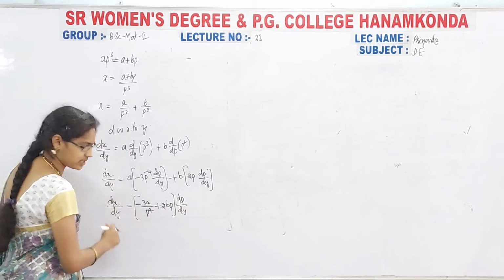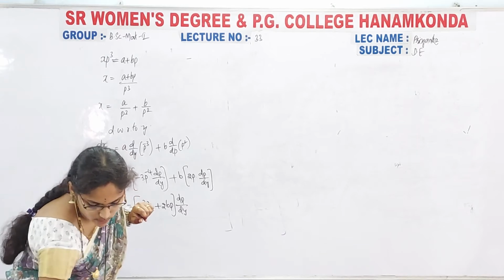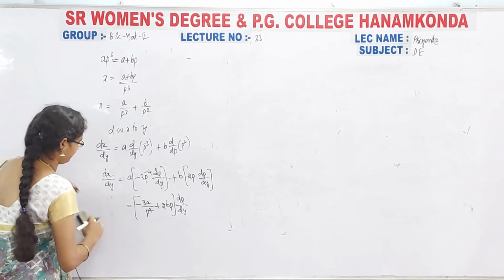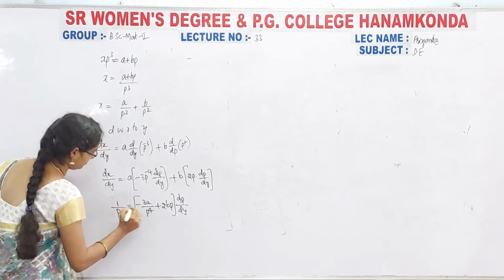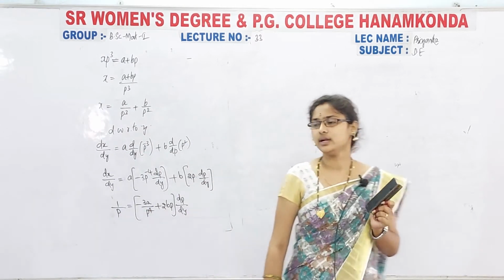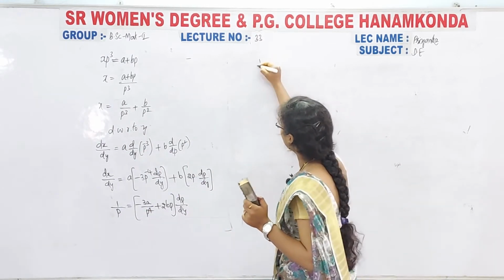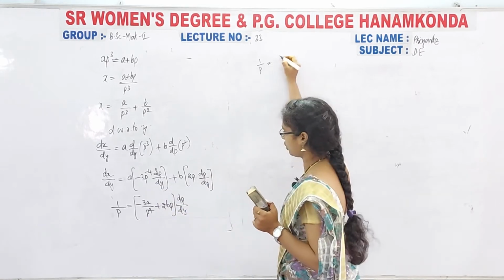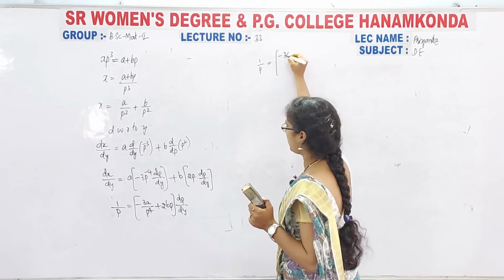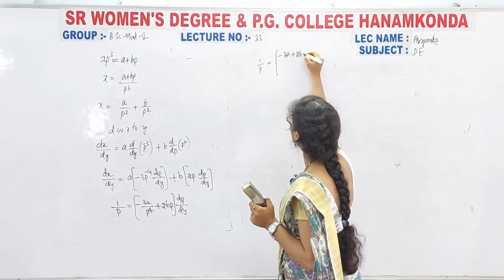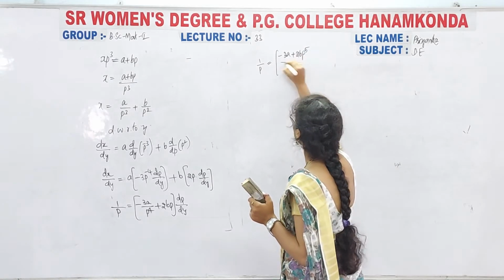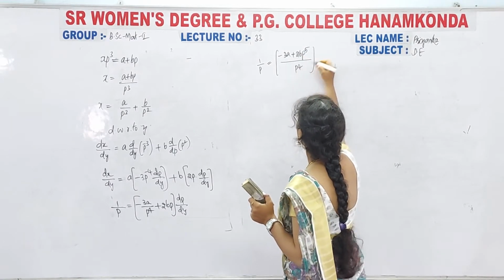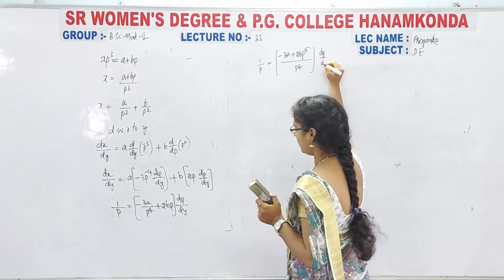Okay, so now what is dx by dy? I am taking dx by dy as nothing but 1 by p. So 1 by p is equal to minus 3a plus 2bp power 5 by p power 4 of dp by dy.